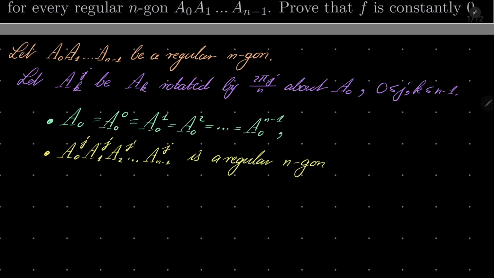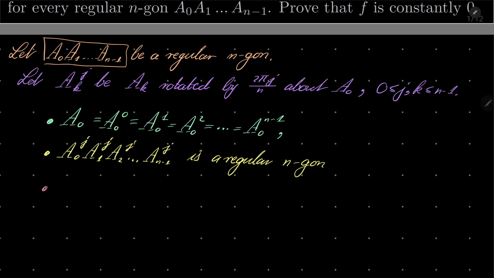Why is that? Since we are taking some regular n-gon and rotating its vertices by the same angle about the same point, and rotation about a point is an isometry, the image of a regular n-gon is still a regular n-gon because distances and angles are preserved.